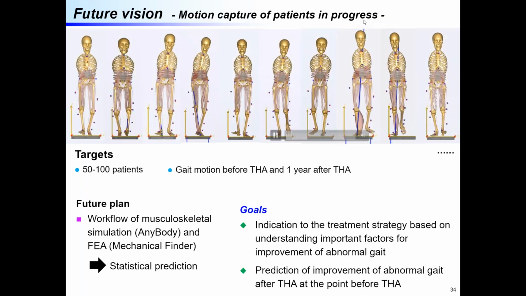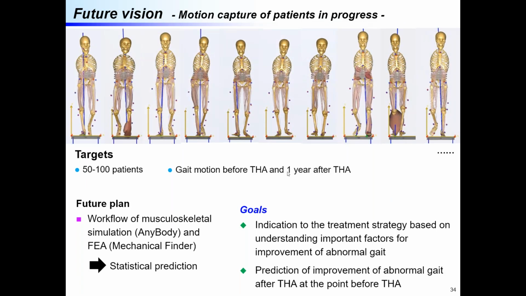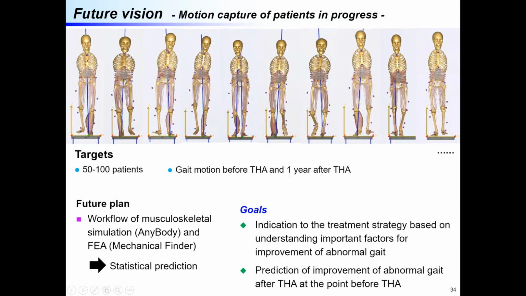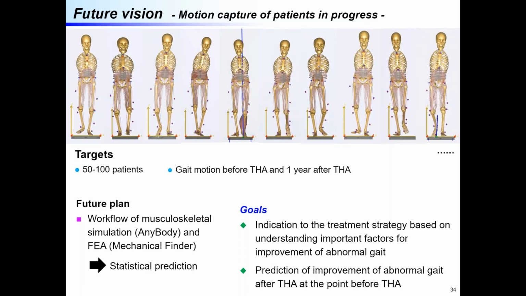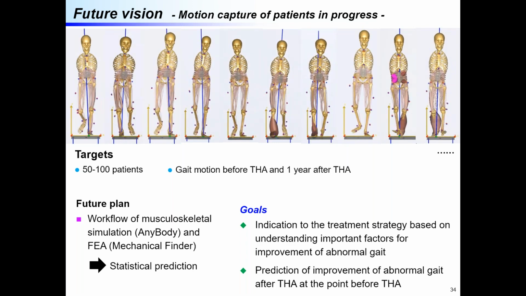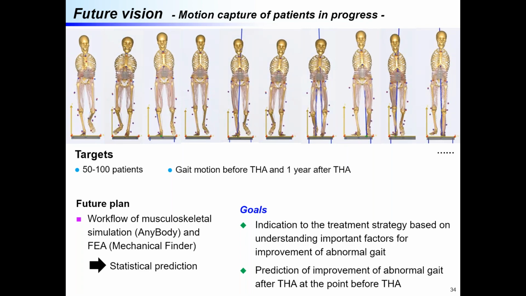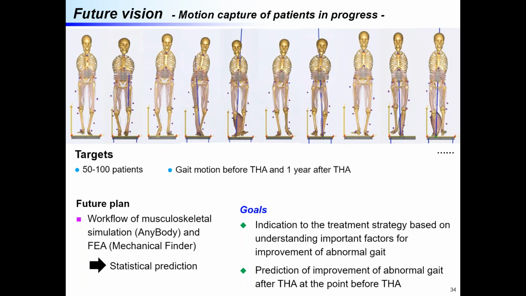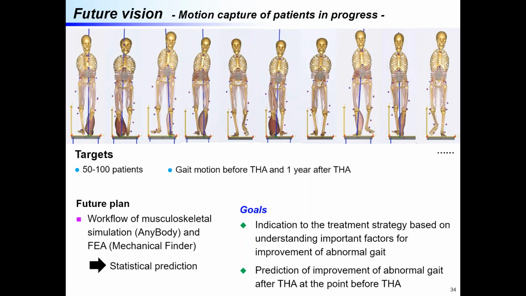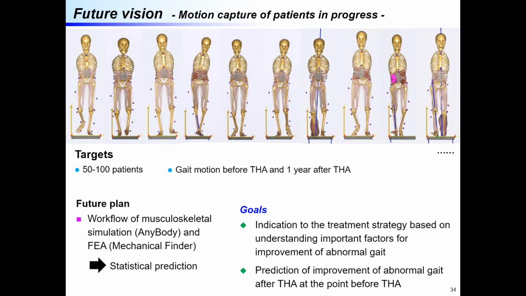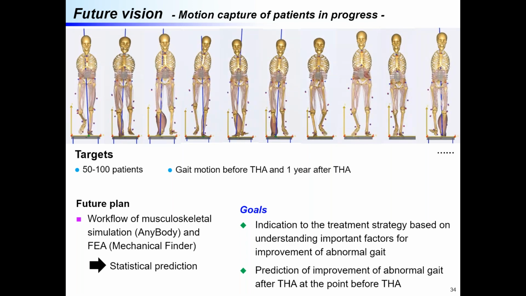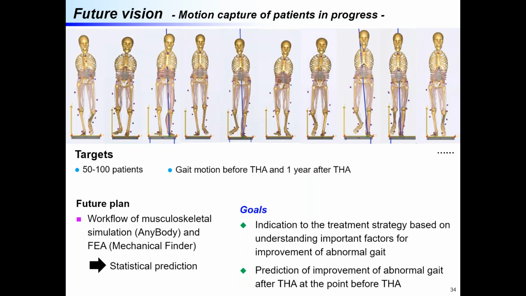And this is our future vision. We have been collecting motion capture data of patients, 50 to 100 patients before THA and 1 year after THA at target. Then we are going to analyze stress distribution of the femur using our workflow of musculoskeletal simulation and FEA, and also apply them to statistical prediction.